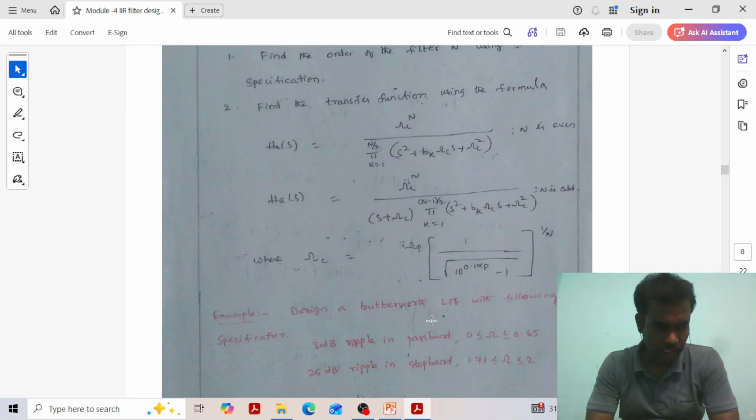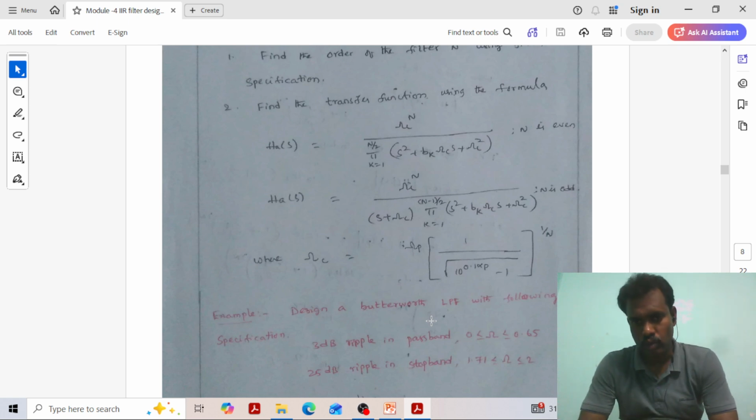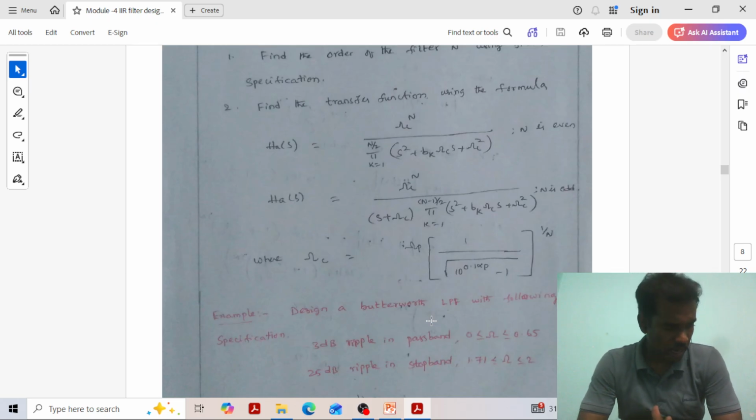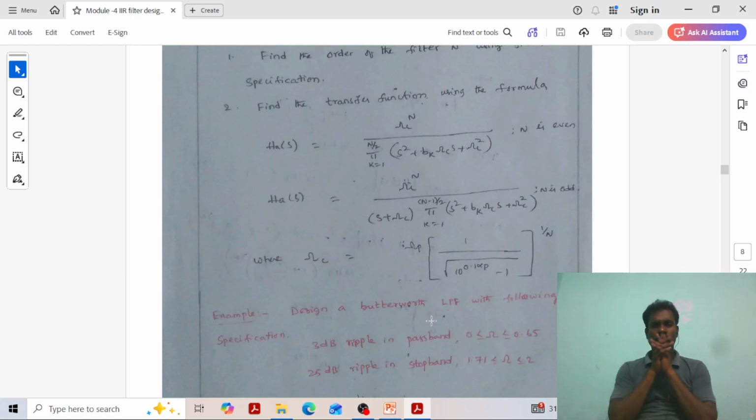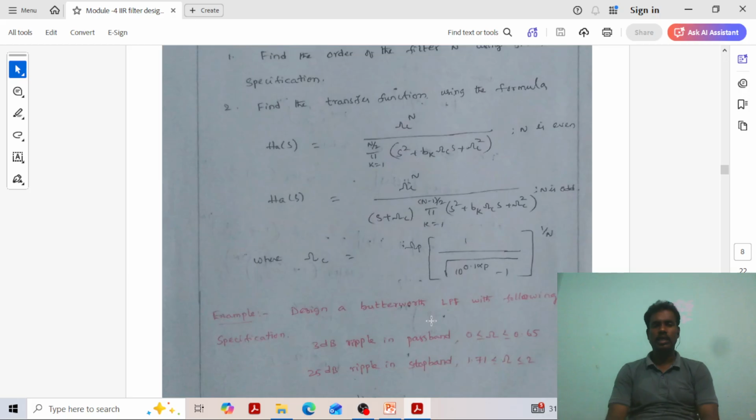Second order transfer function has a standard format: s square plus bk omega c s plus omega c square. When it is odd, apart from this second order polynomial, we have a single order polynomial also, that is s plus omega c.